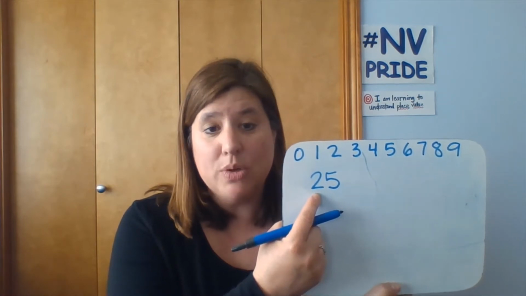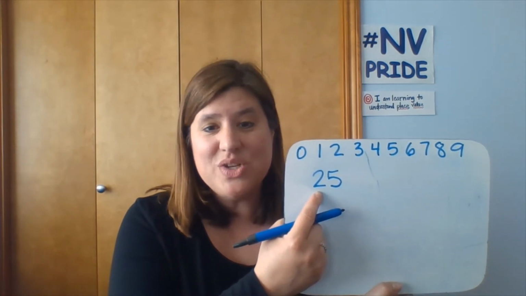So when I look at the number 25, I can also think of 25 as 2 groups of 10 and 5 ones. In our classroom, we were doing lots of counting. In fact, we counted all the way up to 1,000, which is a 4-digit number.